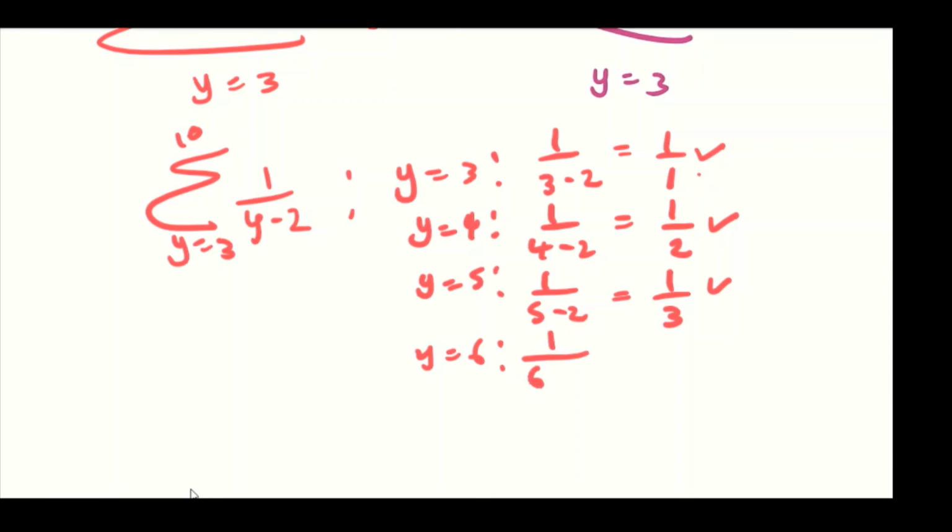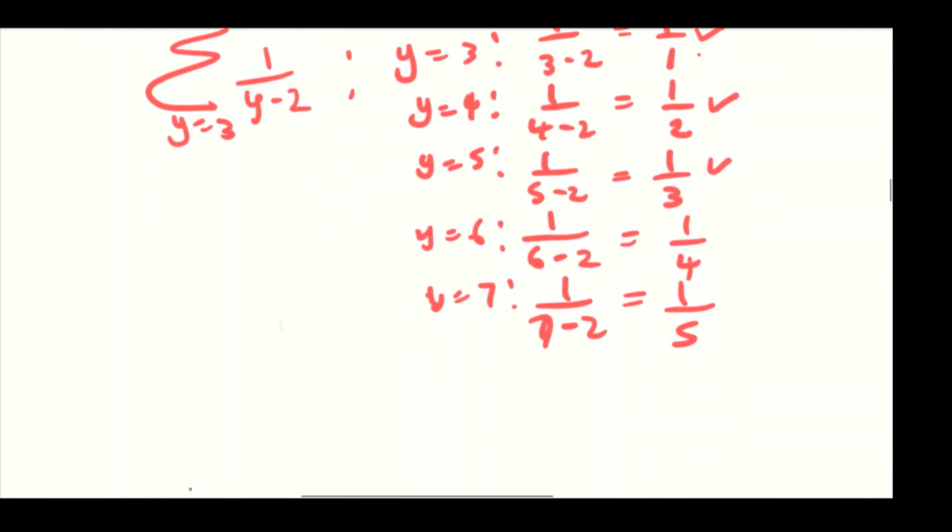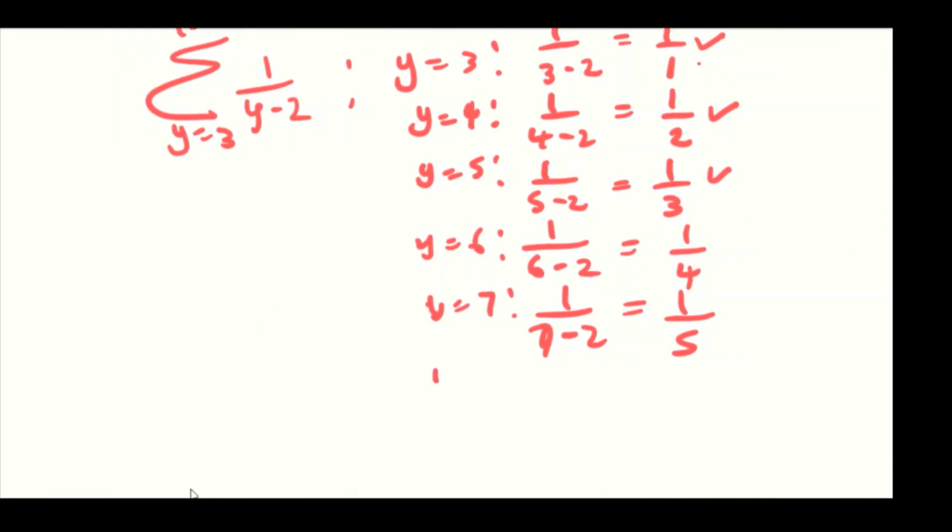So it's 1 over 6 minus 2, which is just going to be 1 over 4, right? Y equals 7, it's going to be 1 over 7 minus 2, which is 1 over 5. And y equals 8, so it's going to be 1 over 8 minus 2, which is 1 over 6.